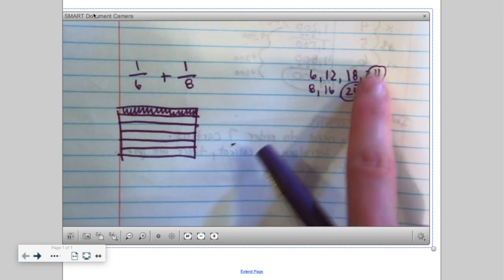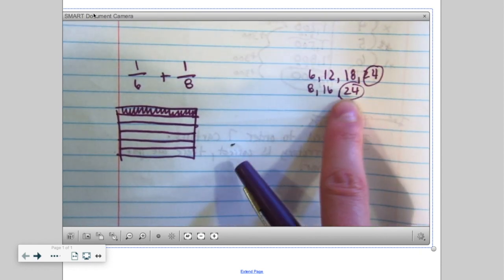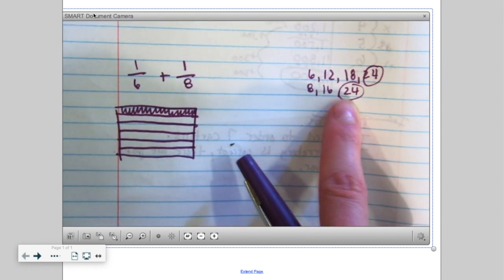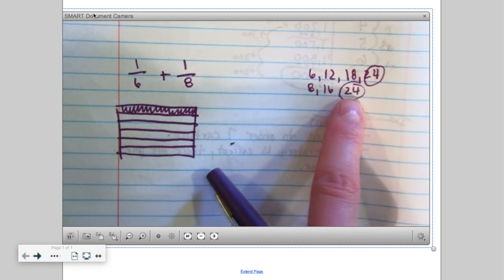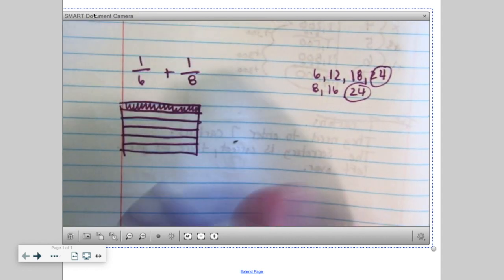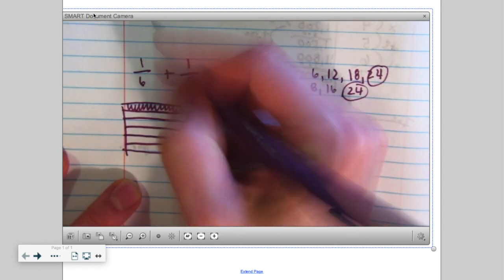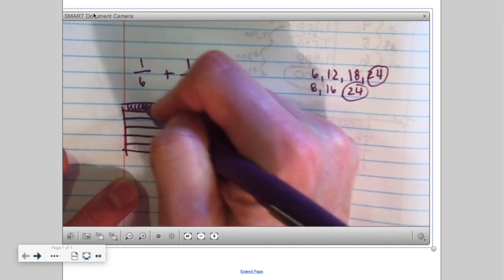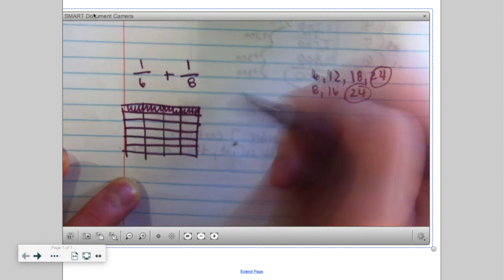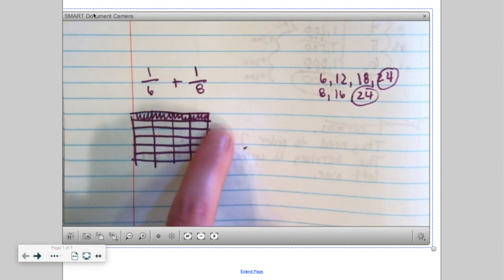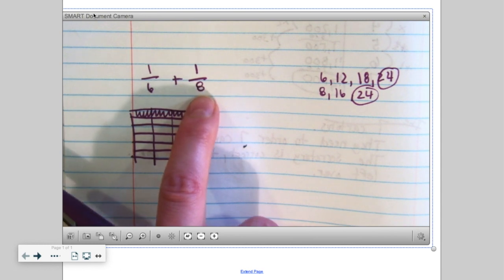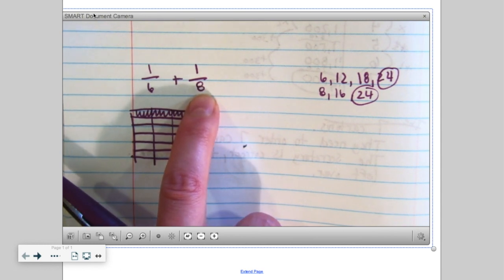So if I look at their multiples, 24 is the multiple that both of these numbers have in common. So if I cut the whole into 6 pieces, then cut those pieces in halves and halves again, I now have 24ths. I still can't add 1/8 though, because it's not transferred into 24ths yet.